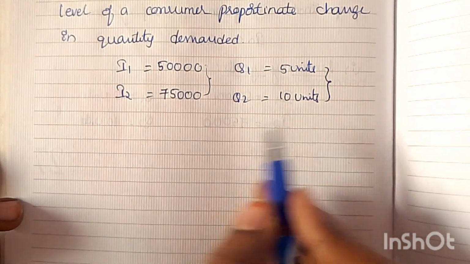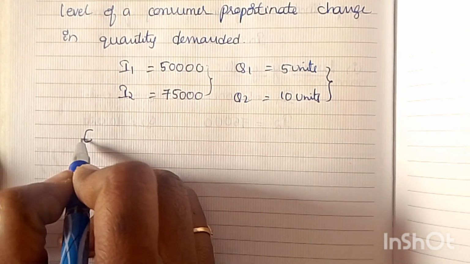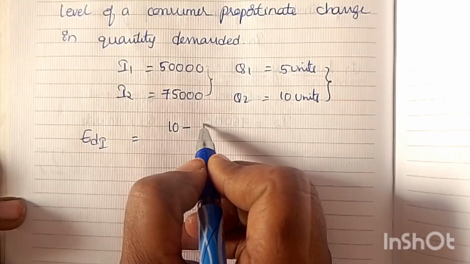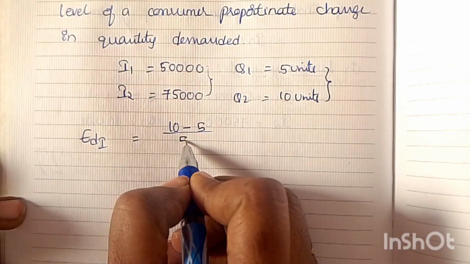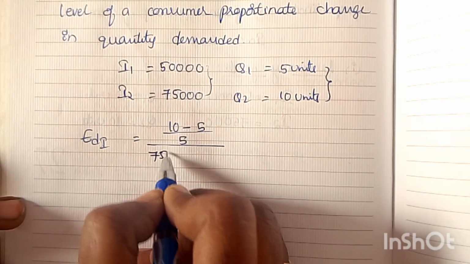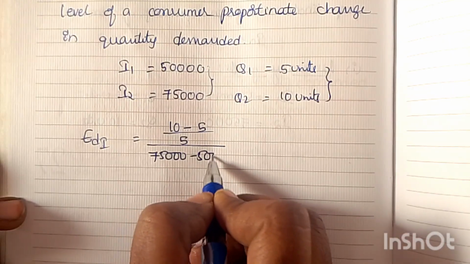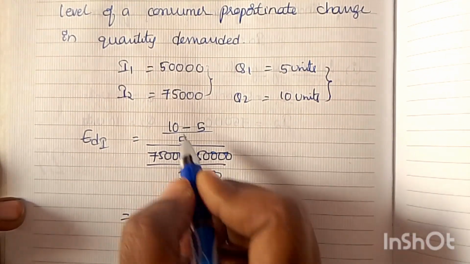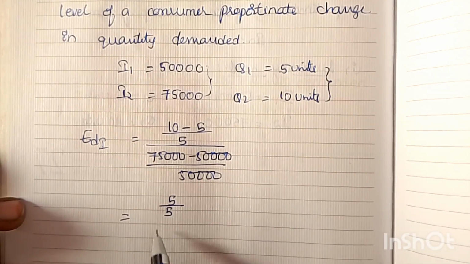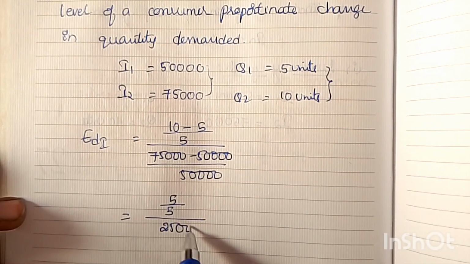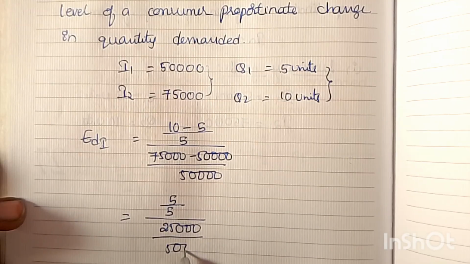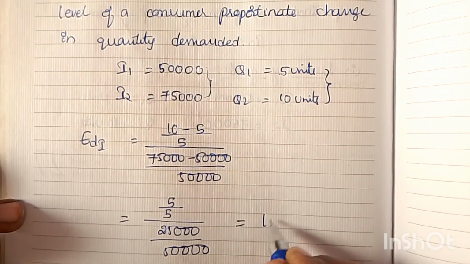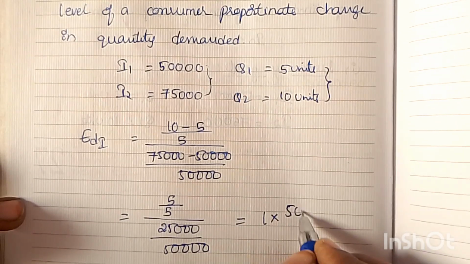Substituting this into our formula, income elasticity of demand equals (Q2 minus Q1), that is 5, by Q1, whole divided by (I2 minus I1), that is 75,000 minus 50,000, by I1, that is 50,000. After solving this, 5 by 5 by 25,000 by 50,000, then 1 into 50 by 25.